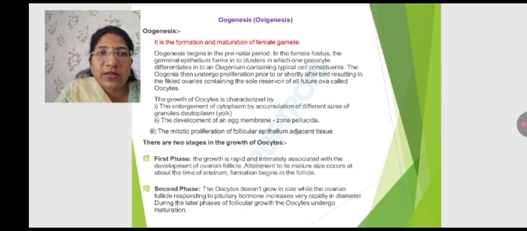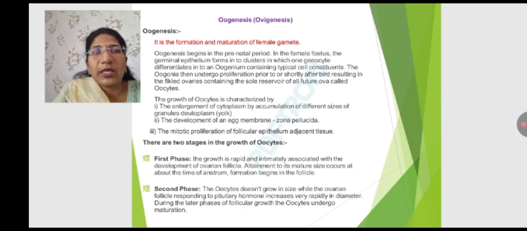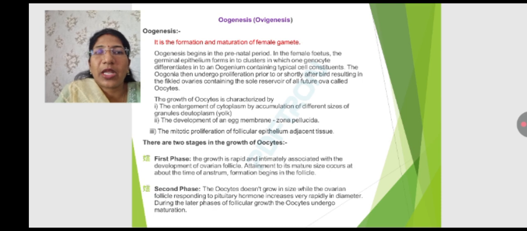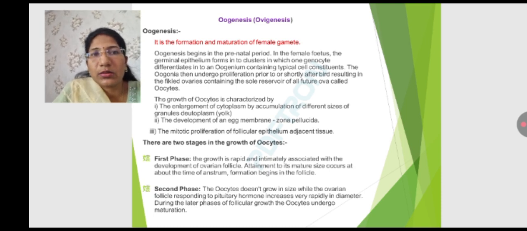There are two stages in the growth of oocytes, the first stage and the second stage. In the first stage, the growth is rapid and intimately associated with the development of the ovarian follicle. Then it attains its mature size at about the time antrum formation begins in the follicle.